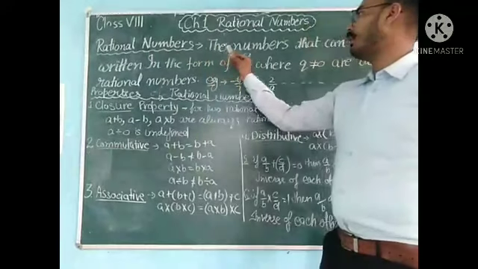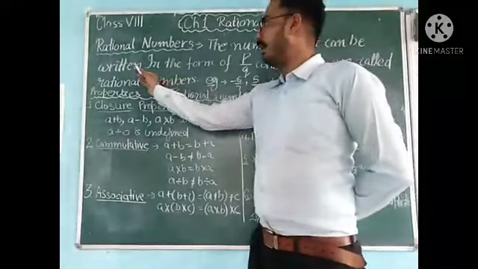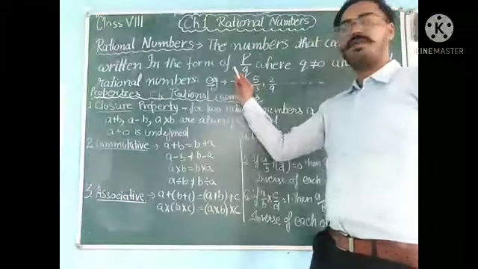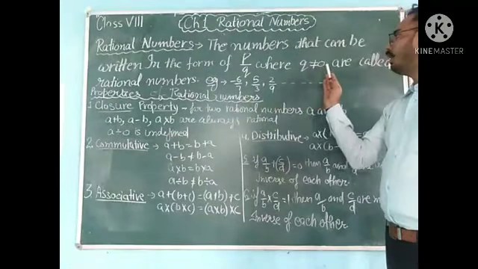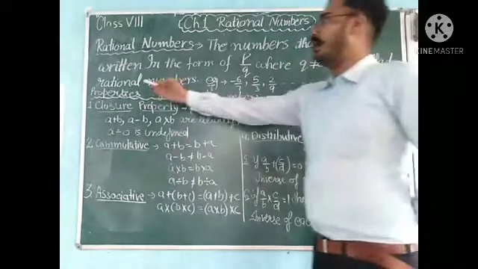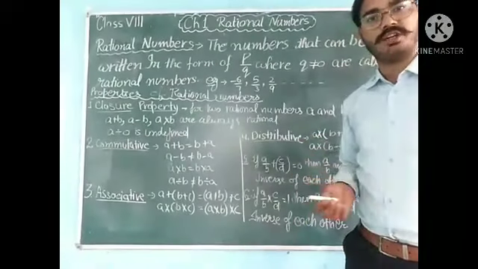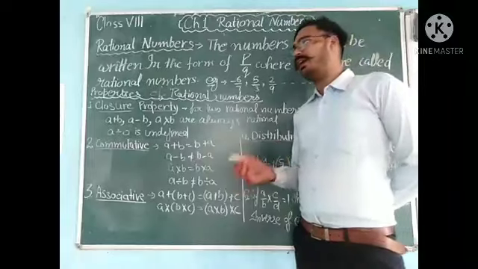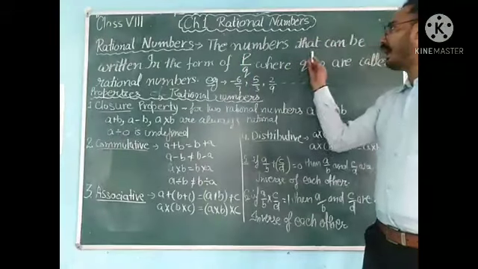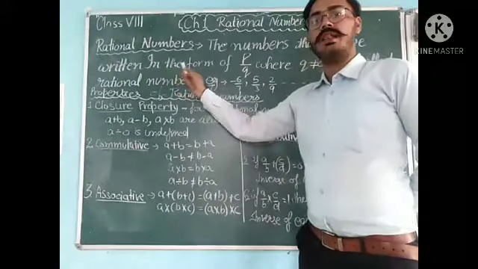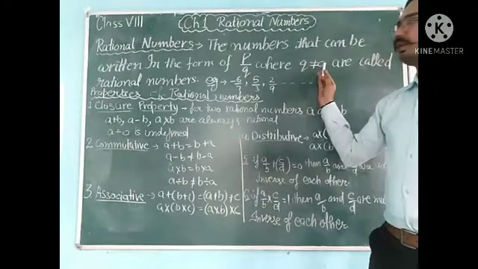Rational numbers are the numbers that can be written in the form of P over Q, where Q is not equal to 0.